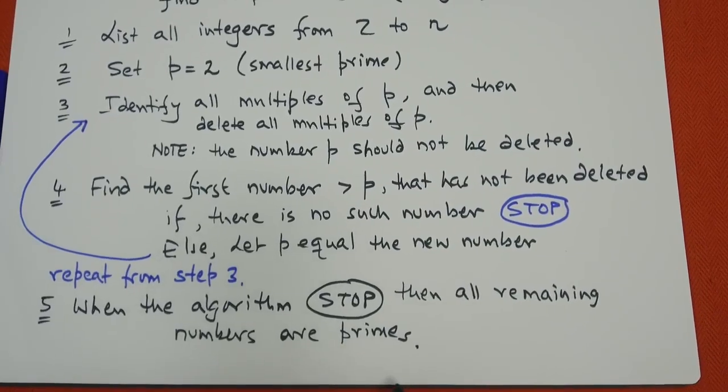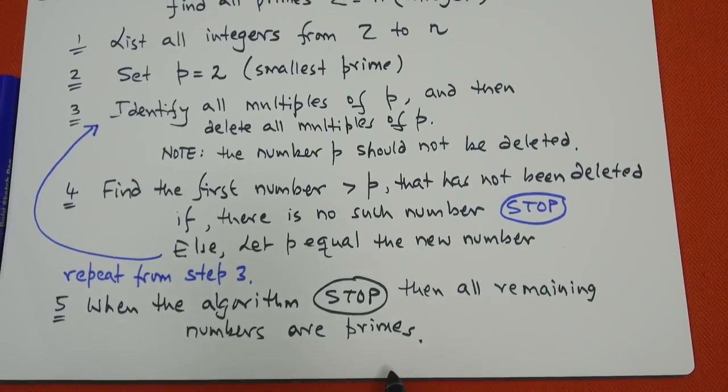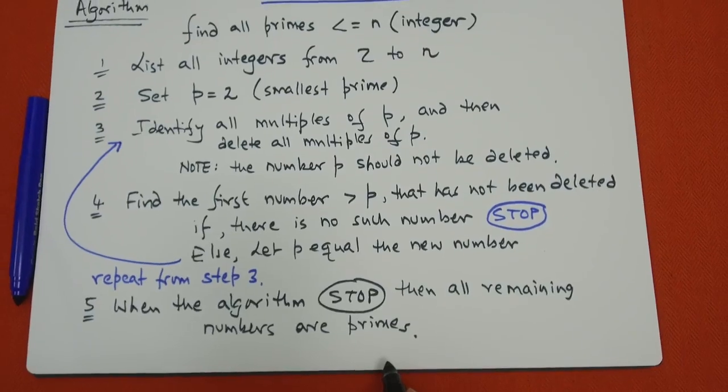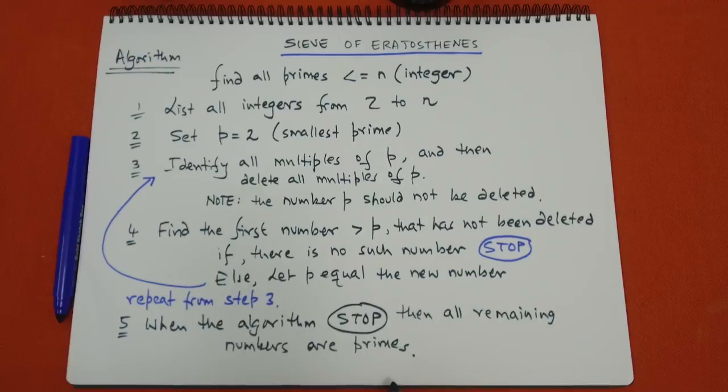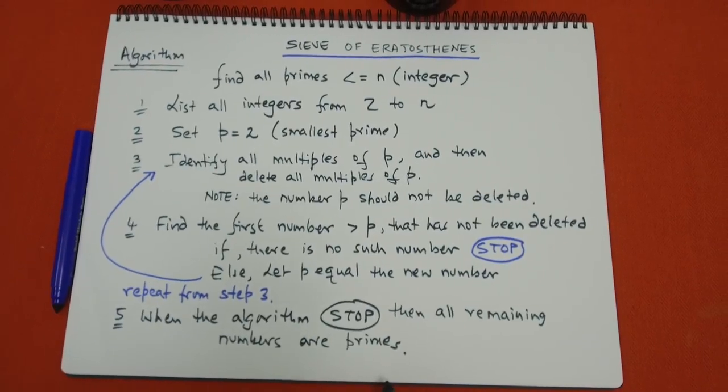And that's it. You see what a simple algorithm it is, and this was proposed a very, very long time ago. What we'll do now is demonstrate this algorithm in a particular example.